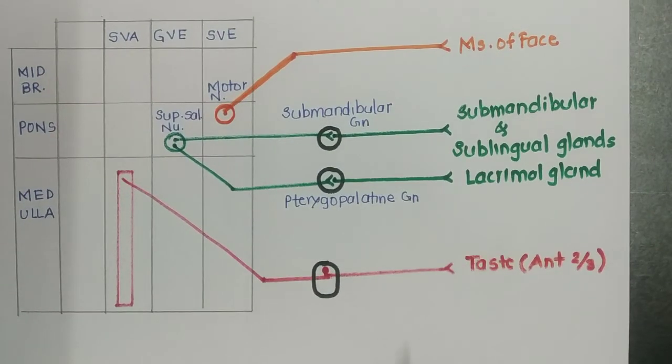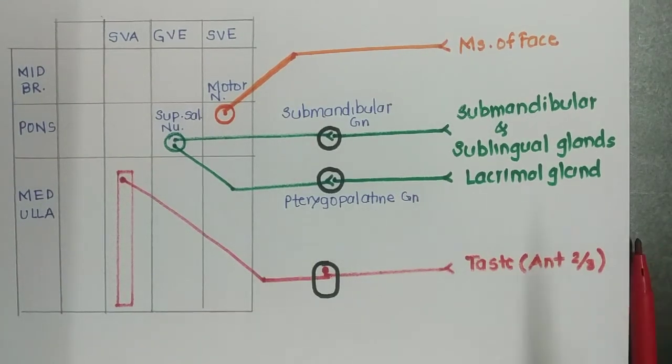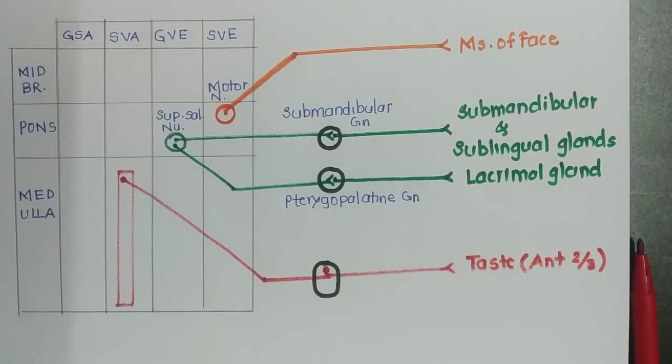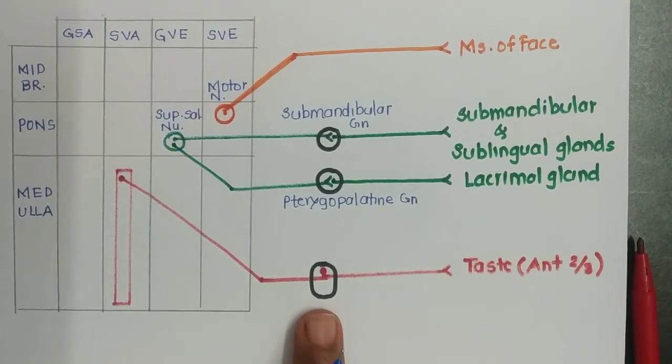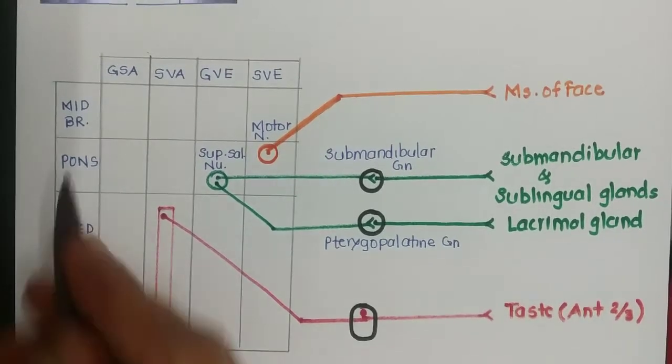Then coming to the fourth component, that is the general somatic afferent. So it is GSA, that is the general somatic afferent. Now these fibers have their cell bodies again in the geniculate ganglion, and they are concerned with the spinal nucleus of the trigeminal nerve.